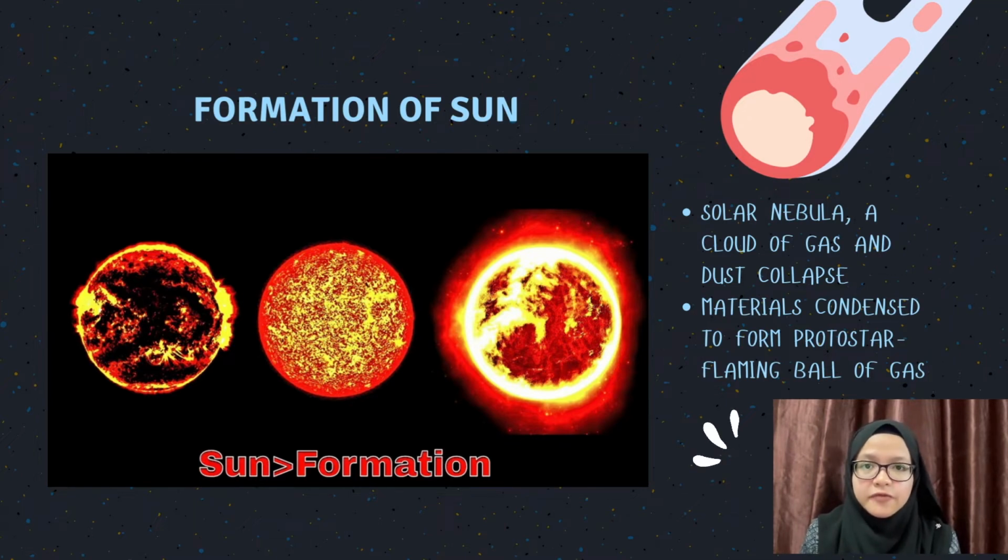In the midst of this development, materials condensed to form protostars, which then developed into a flaming ball of gas that is our Sun. Our Sun then became the heart of the solar system thanks to its fiery nature, strong gravitational pull, and vast magnetic field.